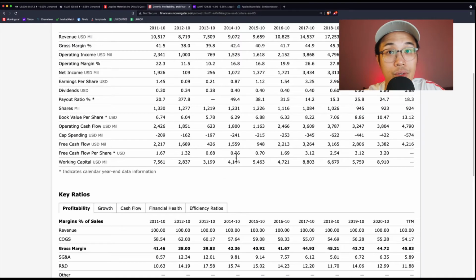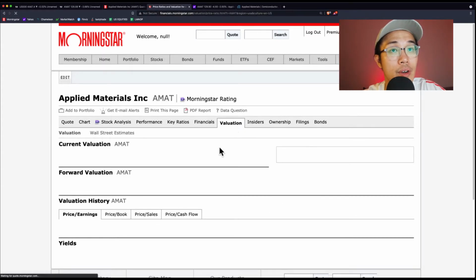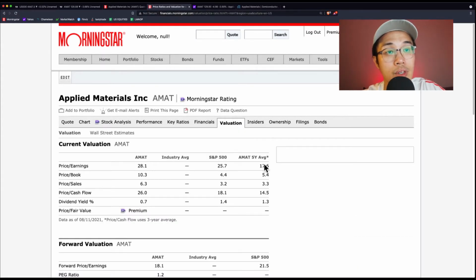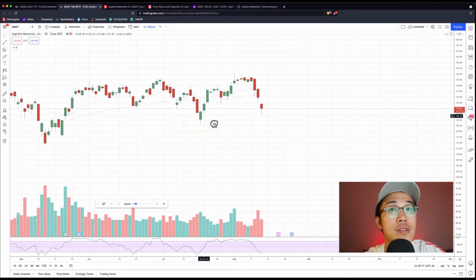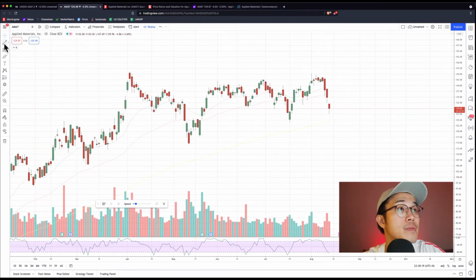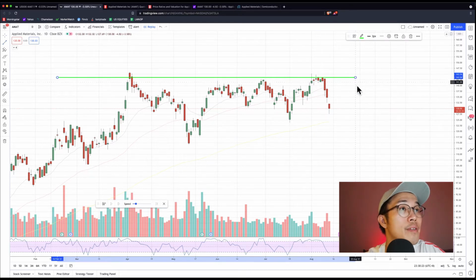However, when we come over to valuation, this company is somewhat overvalued. So therefore, that is also the reason for taking a defined risk trade. And this is actually because the price has bounced off roughly around the 140 something level.